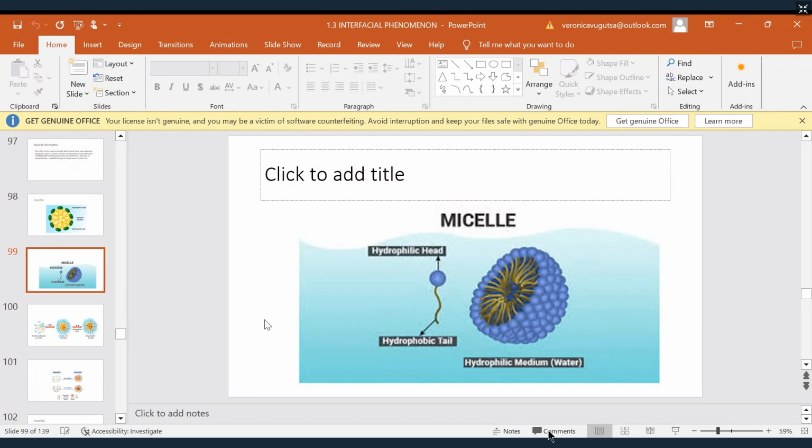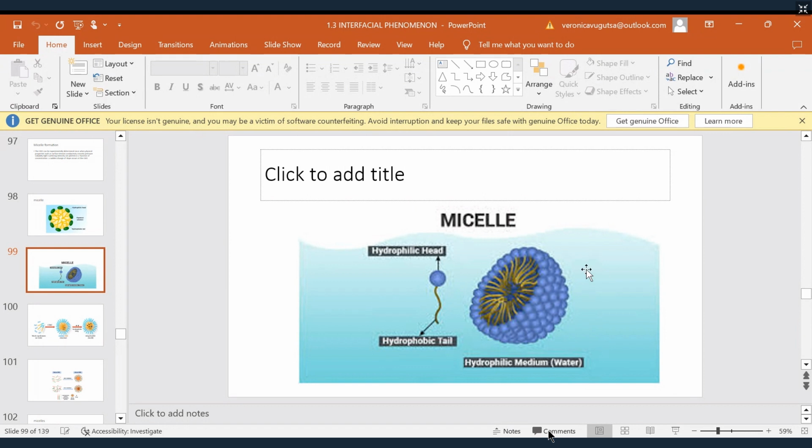Remember we said for absorption to occur, your API must be in solution. So it's possible for it to get solubilized in here. Now, it's not only the API that can get solubilized in here.